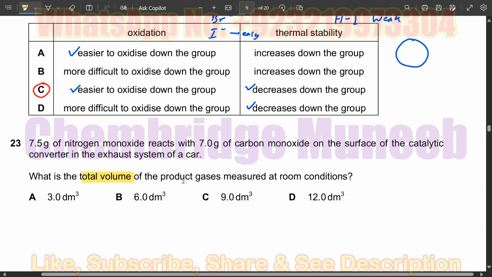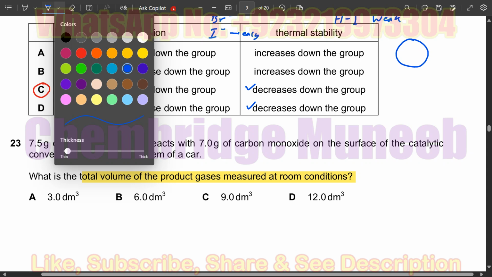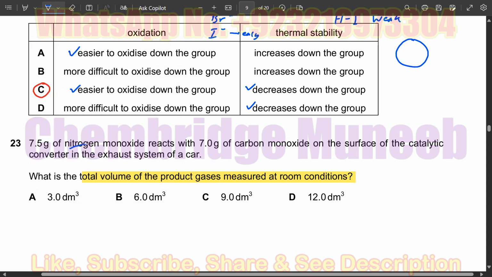What is the total volume of the product gases measured at room temperature condition? So we have to know the reaction of nitrogen monoxide with carbon monoxide. We need to have a clear idea about this reaction. Only then will we be able to get the answer of this question.